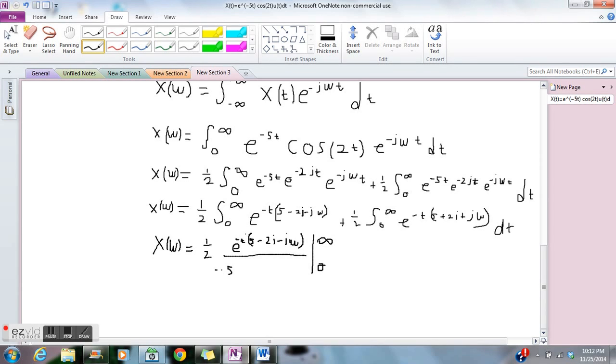Oh, I'm so sorry. What I'm drawing is what I'm trying to say. So we're going to have e to the negative t times 5 minus 2j minus j omega all over negative 5 minus, negative 5 minus 2j plus j omega.